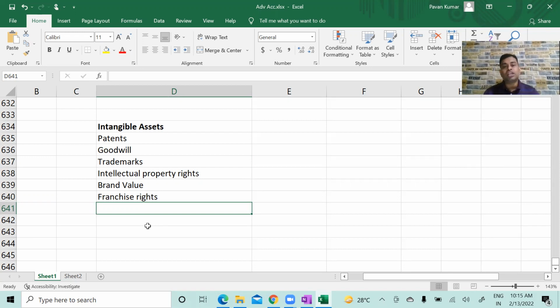I remember buying Jubilant Foods shares at 400 rupees. Now it is some 3,000, 4,000, because all the Domino's stores in India are held by them. And they are getting rights for other countries also, like Nepal, Bangladesh. So probably a very big company. Franchise rights.